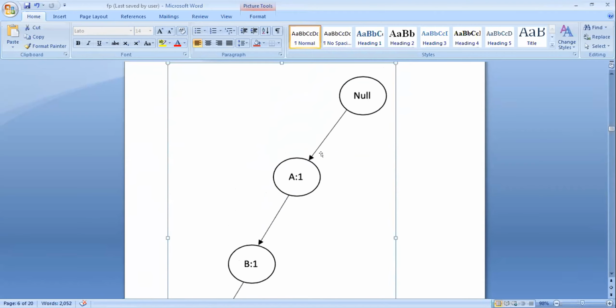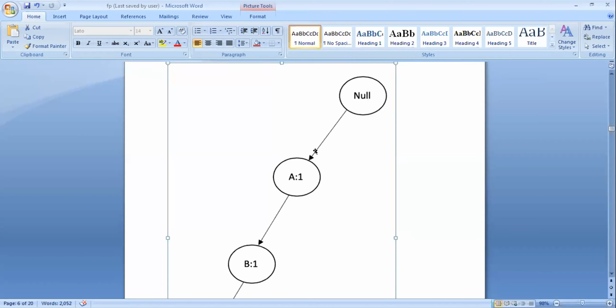Initially, in the FP tree there is nothing, it is null. So we consider null as the root of the tree.